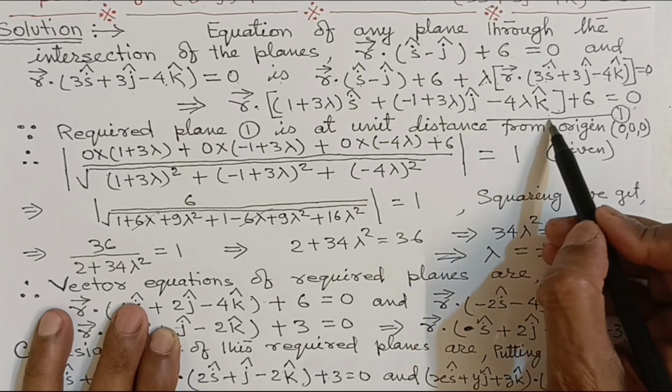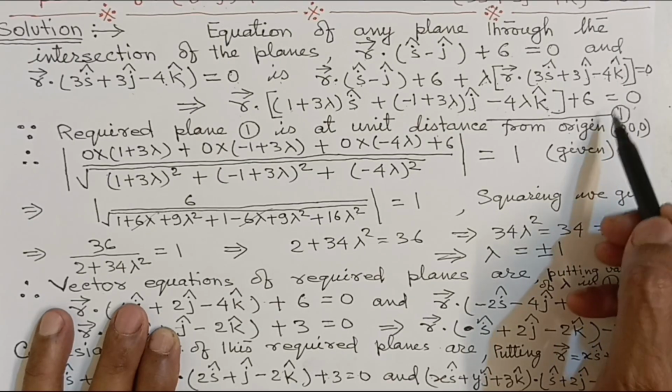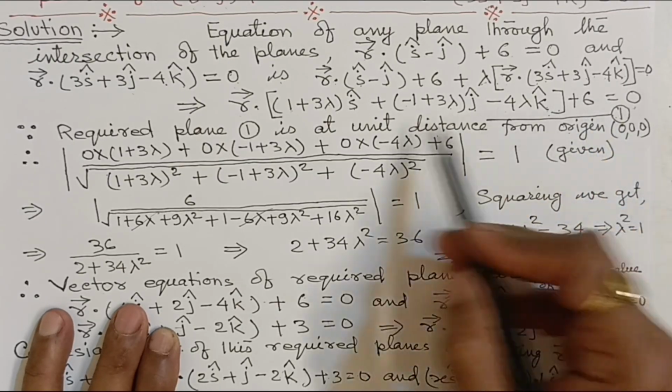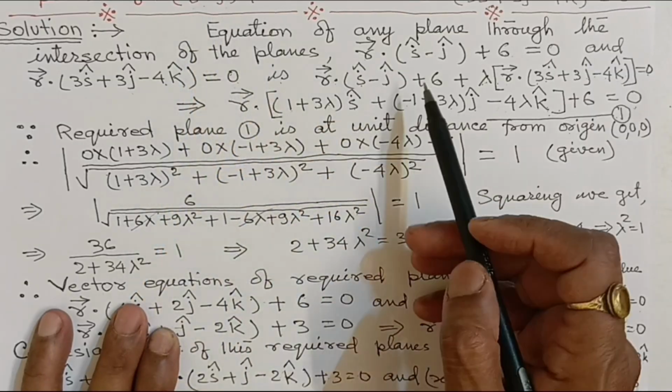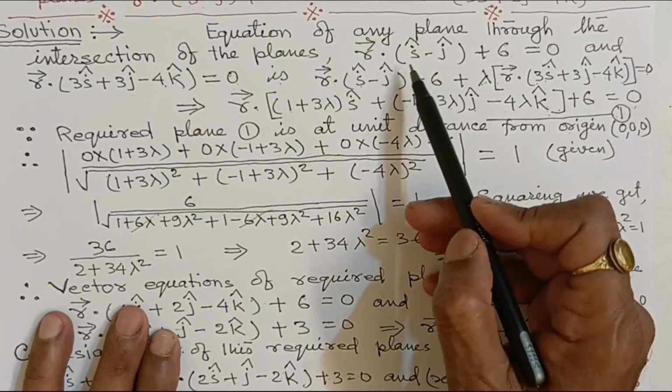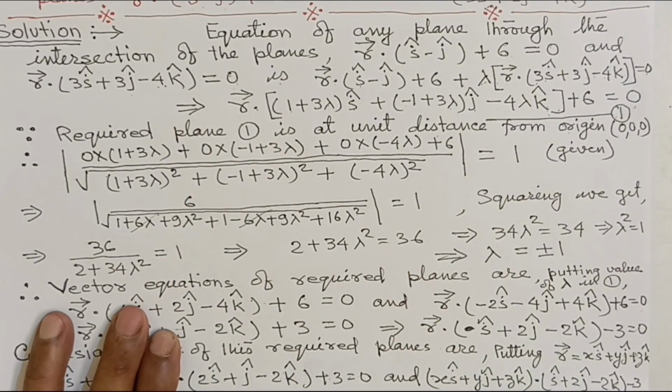This is equation number 1, the required equation of the plane which passes through the intersection of these two planes.